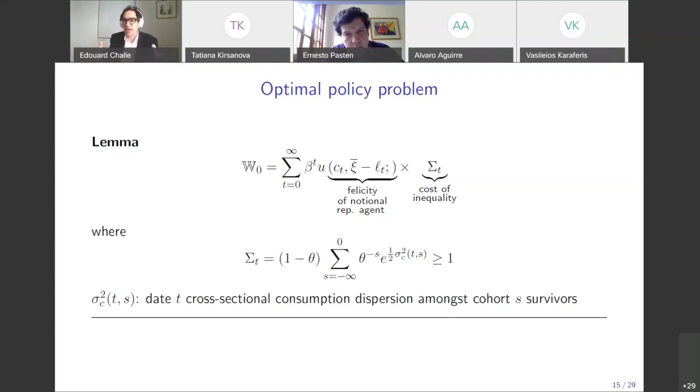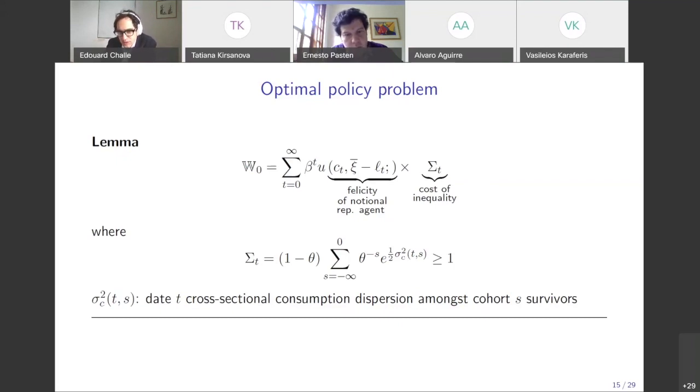So it's just evaluated at the average consumption and average leisure, times a new aggregate state variable, big sigma t, which is going to be a sufficient statistic that summarizes all that the planner needs to care about regarding the amount of consumption inequalities. So sigma t suitably aggregates consumption inequalities within and across generations.